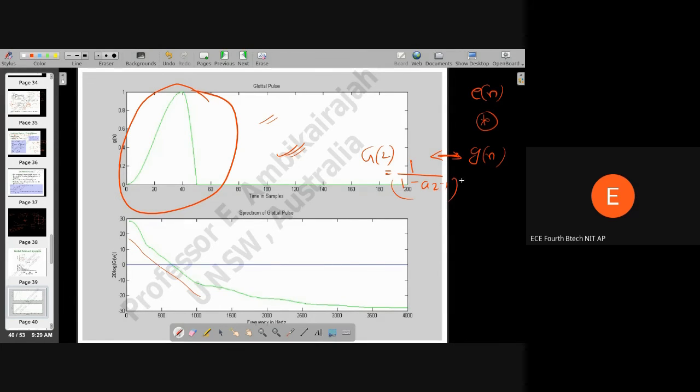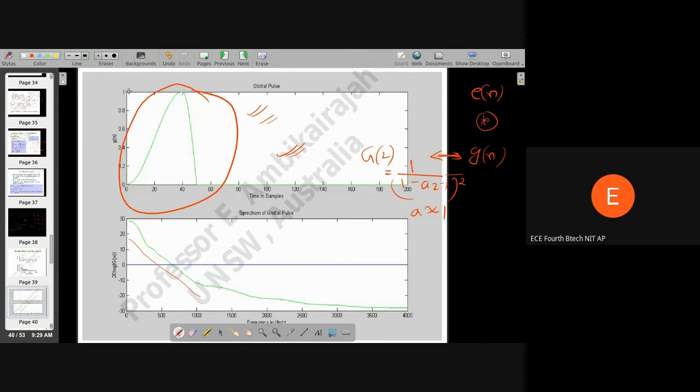1 minus a z inverse whole square, with a nearly equal to 1. It has low pass filter characteristics, and this g(n) results in the time domain like a window, almost, an asymmetric window, not a symmetric window, and its frequency domain, as we can see, is low pass.